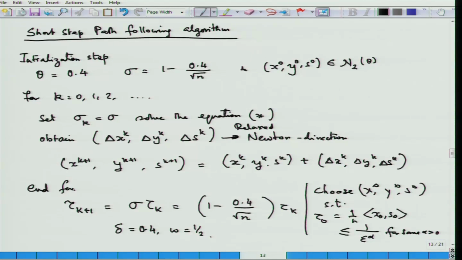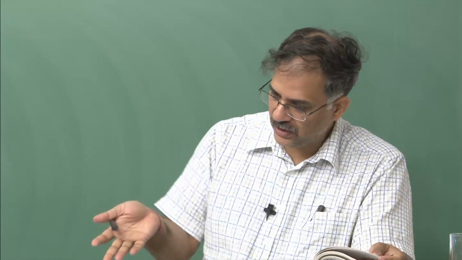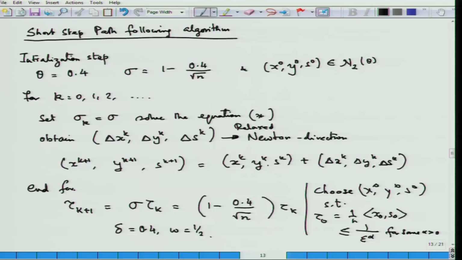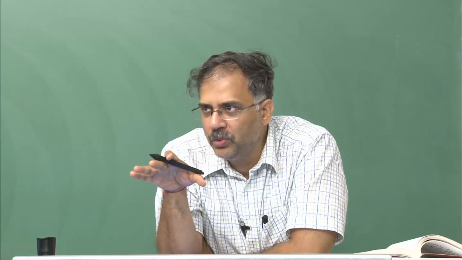So, then you immediately know that you would have a polynomial time algorithm, because the basic equation is already satisfied by your choice of delta and omega. So, we have learned quite a bit today, that the general IP method, the general format under certain mild conditions can be shown to be polynomial time.